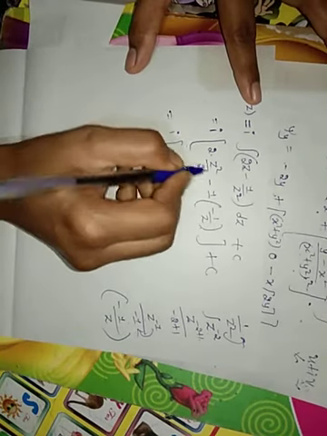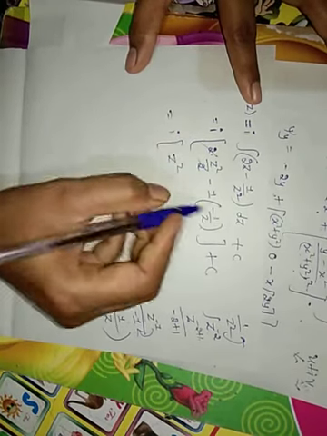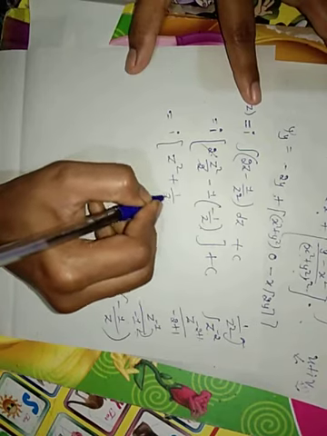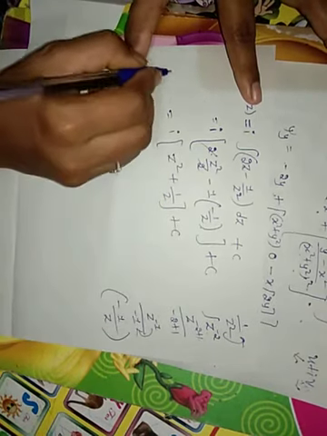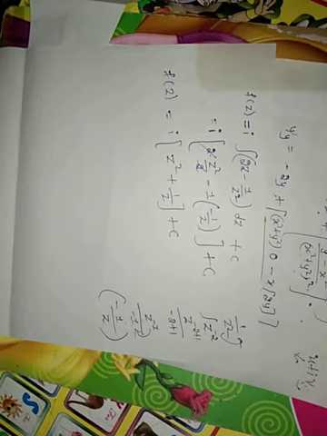So i into (z² + 1/z) plus constant c. That is our f(z).